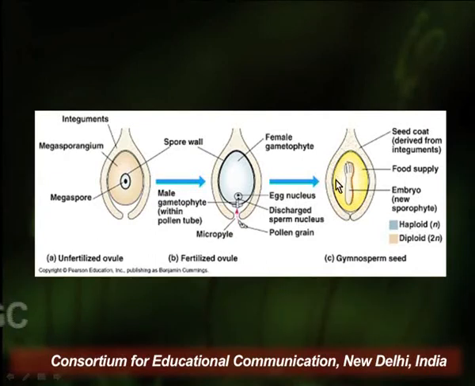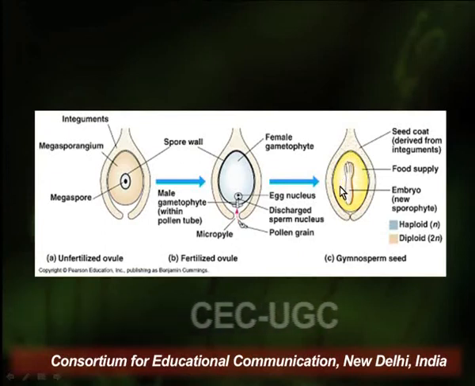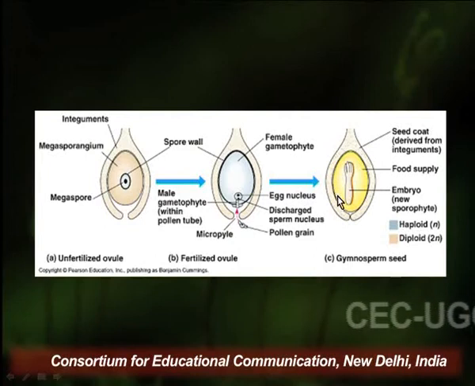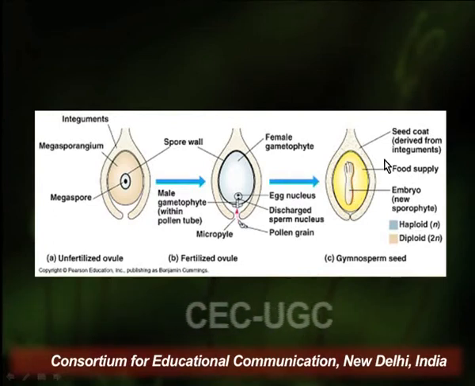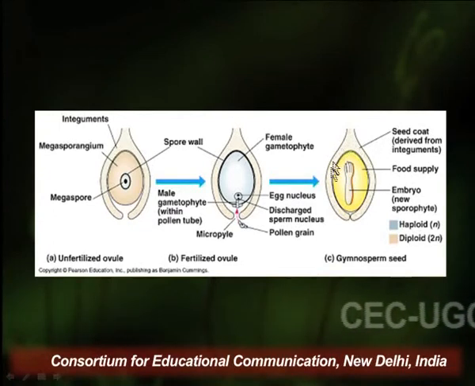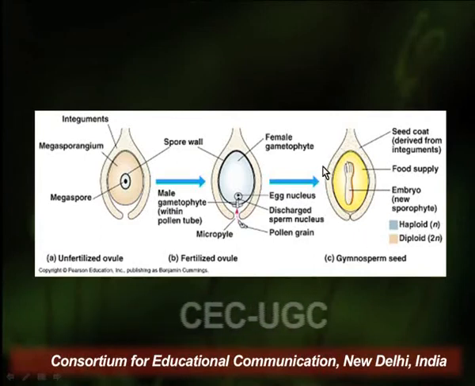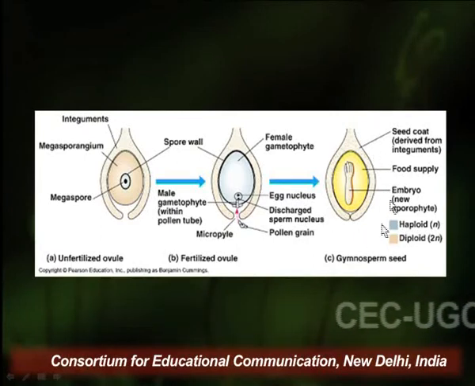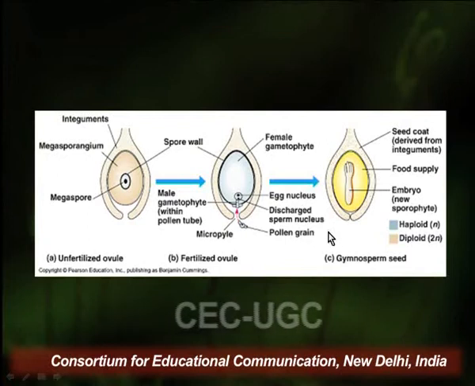Nucellus represents the megasporangium, and its function is to provide nutrition to the developing young sporophyte. The seed coat here is derived from integuments, and this entire seed has no further covering, and that is why they are also called naked seeds. This naked seed is one of the unique characteristic features of gymnosperms.